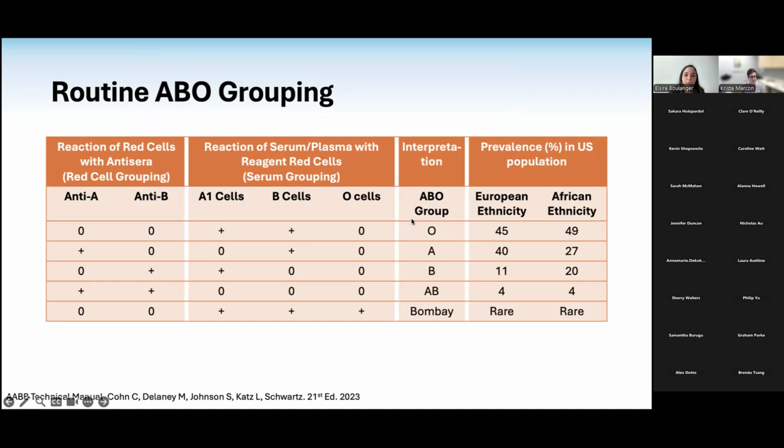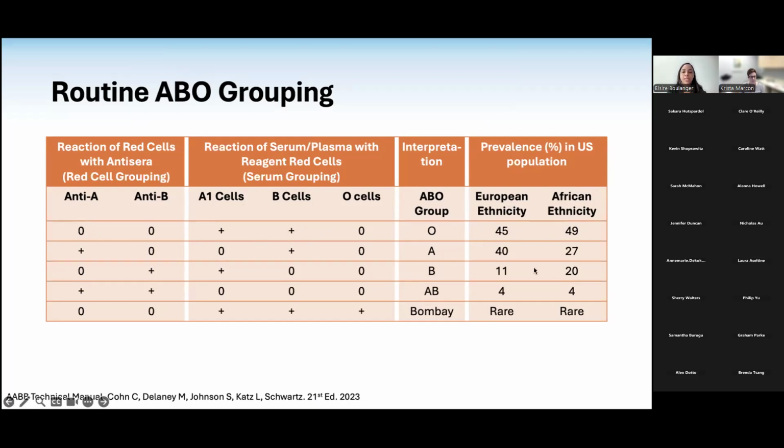So if we have a patient group O, the patient won't have any reaction with the forward type, but with the reverse type, we will see that there will be agglutination with the A1 cells and with the B cells, and we can say that this patient is group O, which is the most common blood type in European and African ethnicity.